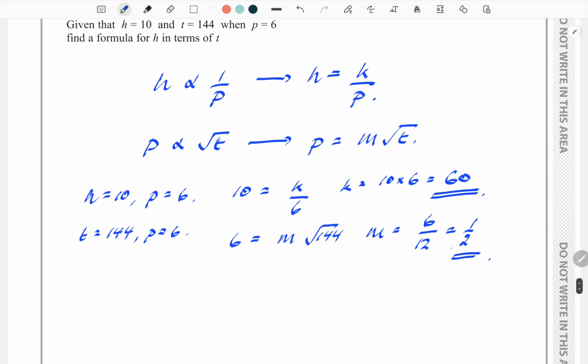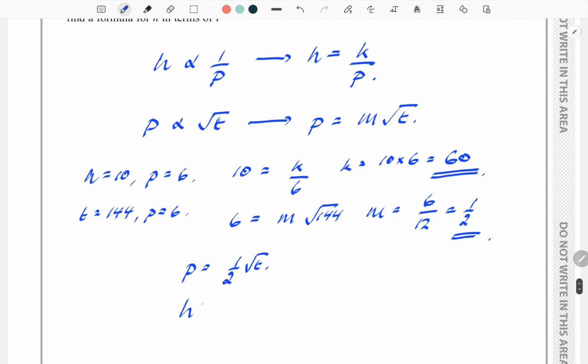So if we now use all that information, okay, we know that p equals half square root of t, and we can replace that in the h formula. So we have the k, which remember is 60 over p.